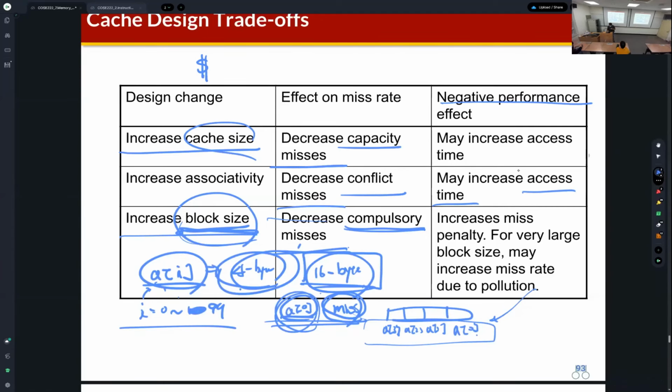And then in the next iteration, the processor can request A1, and this A1 is found in the cache.